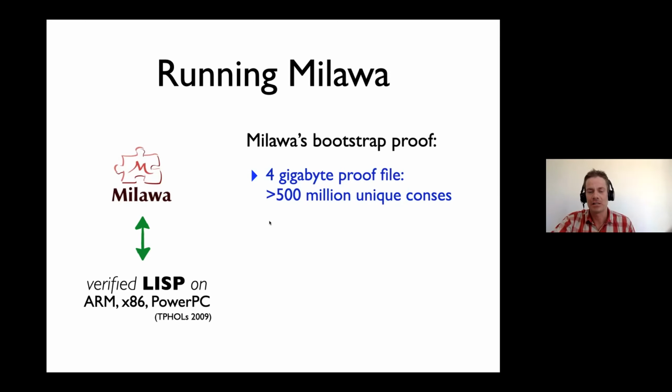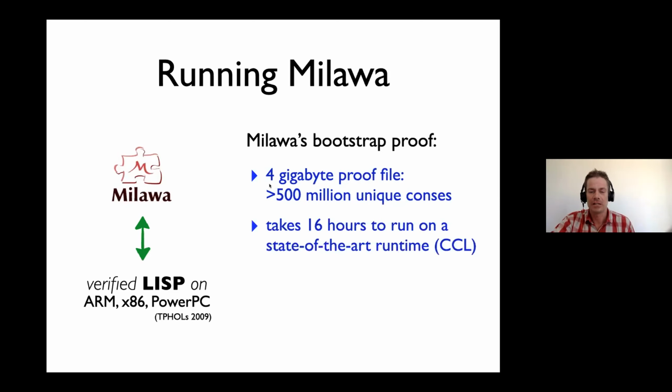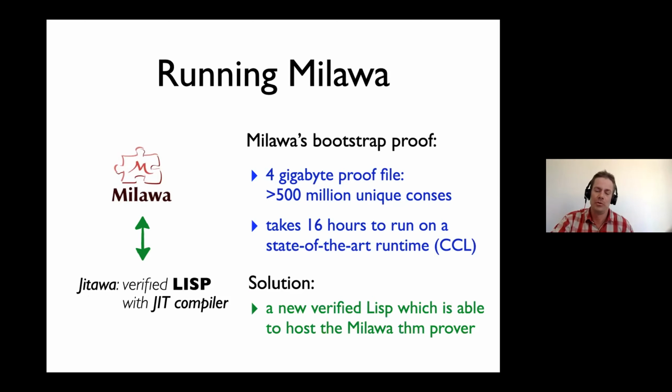It requires a 4 GB proof file to be run, and on the state-of-the-art runtime, it takes 16 hours to run. So this is a very heavy job, so to say. And so my little Lisp implementation was hopelessly toy, and we set off to do a new verified Lisp, which is able to scale to the point of running these large proofs that Milawa requires for its bootstrap.